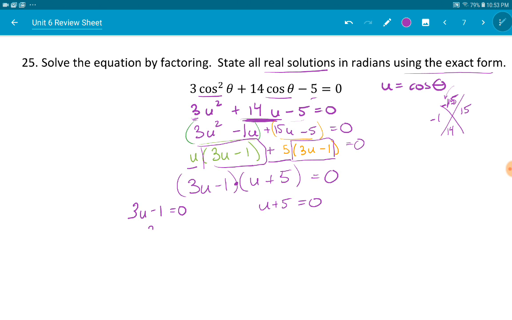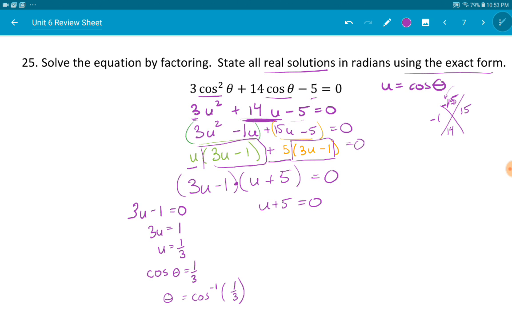On the left, I get 3u equals 1, adding 1 to both sides, and then I get u equals 1/3. That's actually a cosine, unsubstituting. So cosine of theta equals 1/3. So theta will equal cosine inverse of 1/3, taking the cosine inverse of both sides.